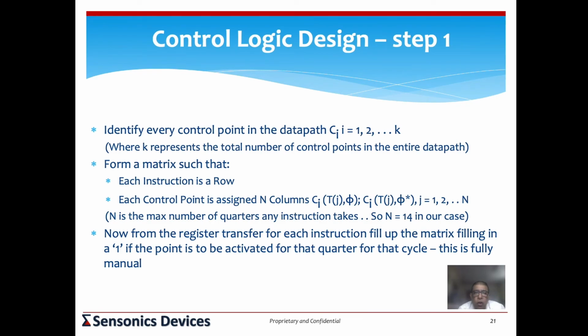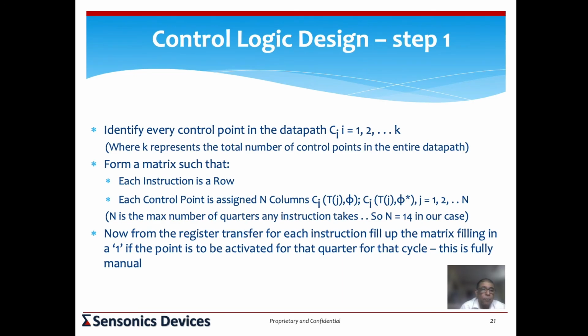We have that many columns in our table. So we transpose the entries from each of these instructions into this table. For every instruction, we have 14 into 35 columns, and we enter those ones which we obtain from each one of these flowcharts. Which is manual work, unfortunately, but after this table is done, it can be read up to create our control.